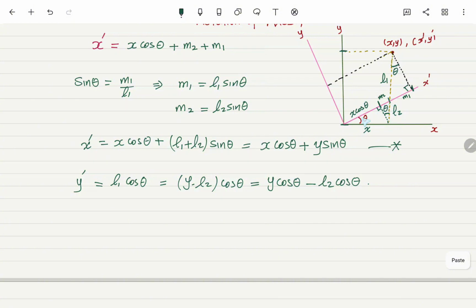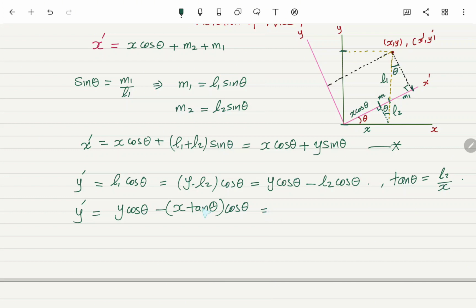If we take tan theta equal to L2 over x, and substitute this back rather than using L2, y prime will be equal to y cosine theta minus x tan theta cosine theta.